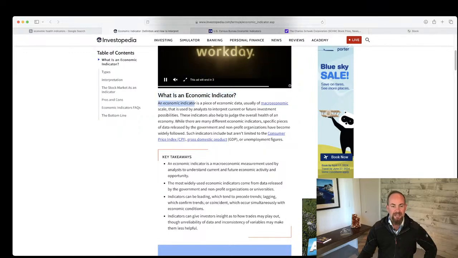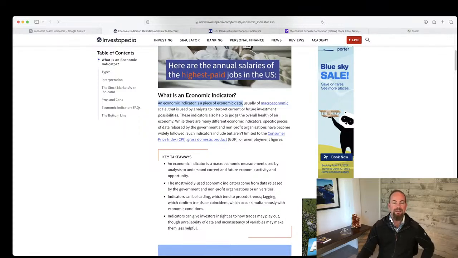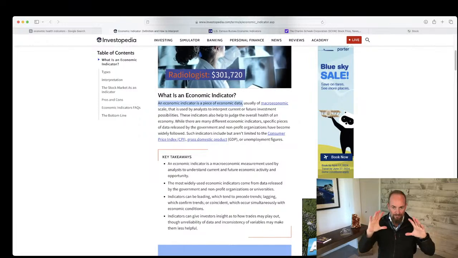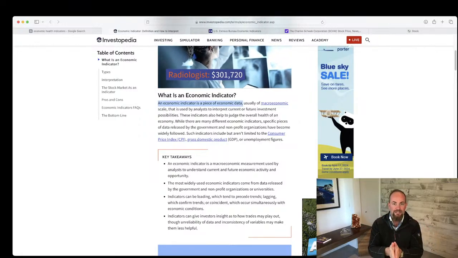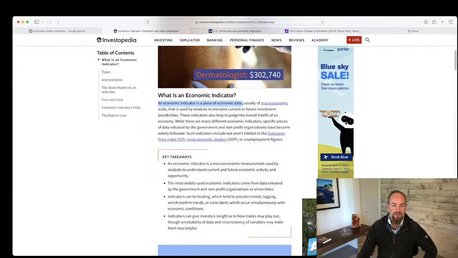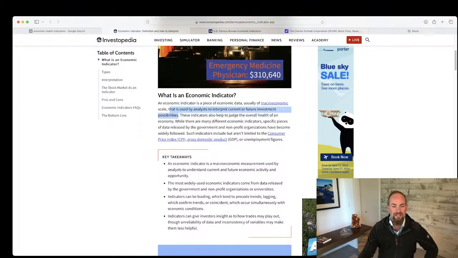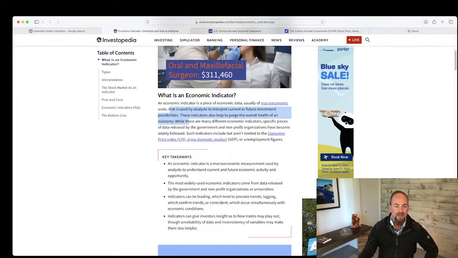An economic indicator is a piece of economic data, usually macroeconomic. Macro is the broad economics. Micro is the more honed in, dialed in economics. So macroeconomic that is used by analysts to interpret current or future investment possibilities. These indicators also help to judge the overall health of an economy.